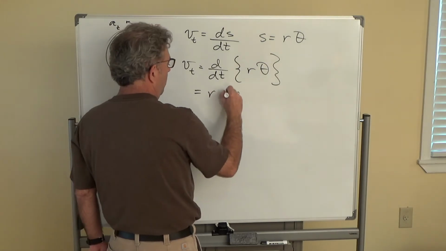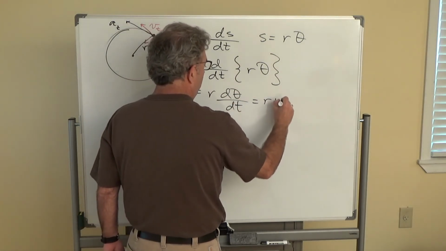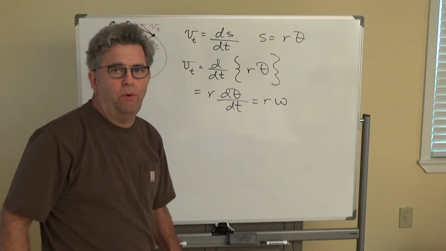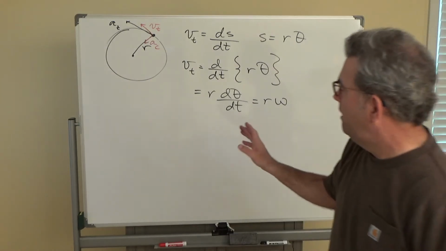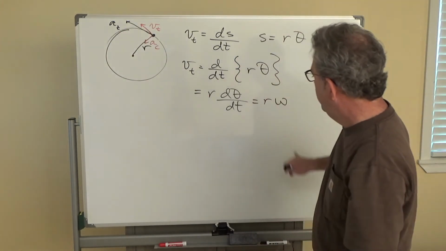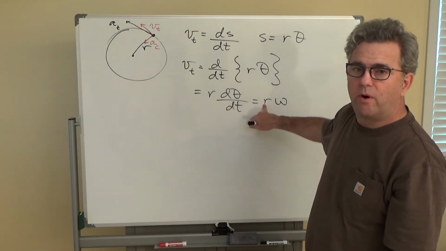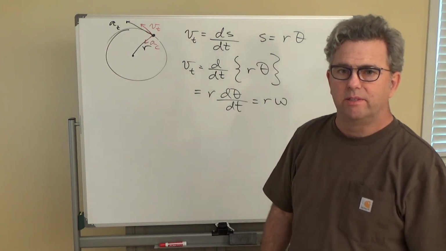So this is r d theta dt, which is simply r omega. It's super simple. If you want to know the tangential velocity of a particle as it's going around, it's just its radius from the axis of rotation times the angular velocity.